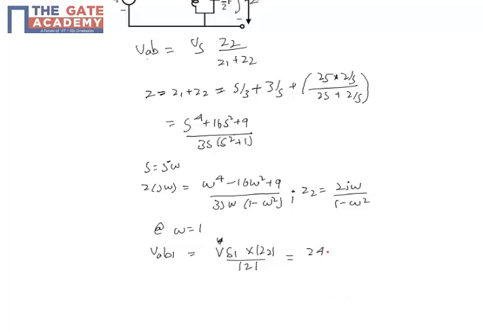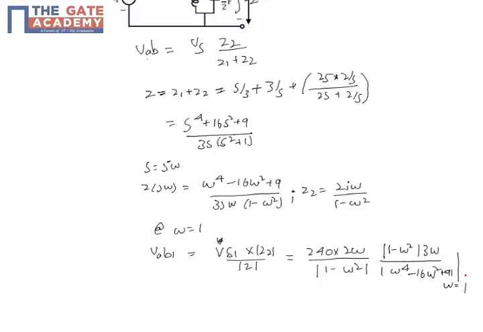So this is Z2, 2 omega by 1 minus omega square, into 1 by Z. So that is magnitude of 1 minus omega square into 3 omega divided by magnitude of omega power 4 minus 16 omega square plus 9. This at omega equal to 1.